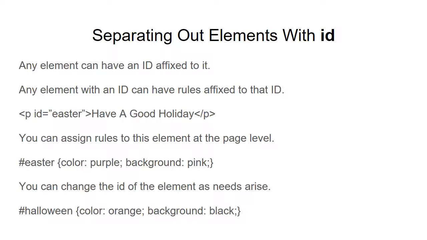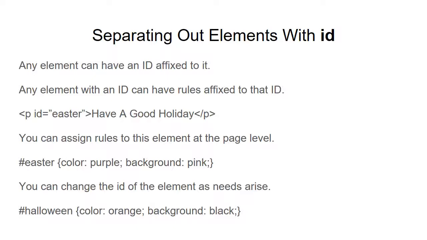And assigning the rule for the ID is very simple. Paragraph ID equals Easter in the element, and then for the style rule, for example, you type #Easter and then the style rule, and that will assign whatever style rules you want to the element that has the Easter ID, but only that element.